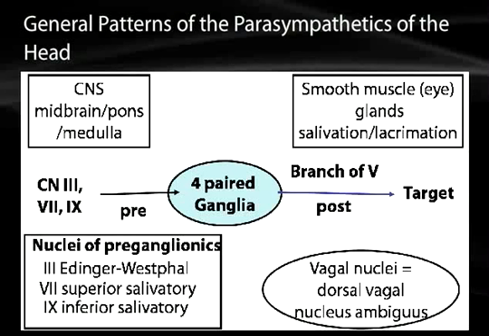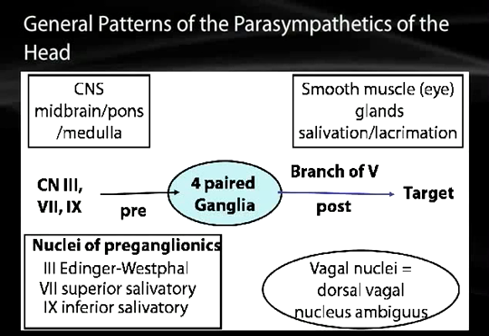Now let's look at the general patterns of the parasympathetics of the head and neck. What we have is cranial nerves 3, 7, and 9, which will all have ganglia that they'll project to, but they'll also have nuclei in the midbrain, pons, and medulla.